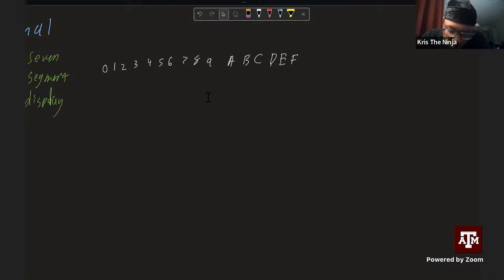So for hexadecimal, there are 16 characters or 16 possible outcomes. That means we need 4 bits of data because 2 to the 4 is 16.